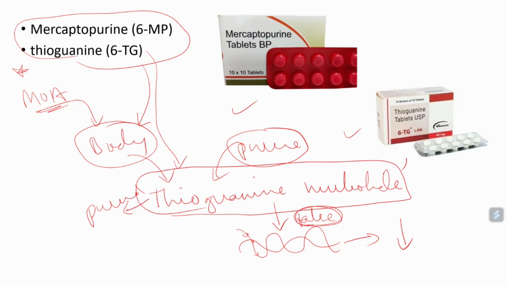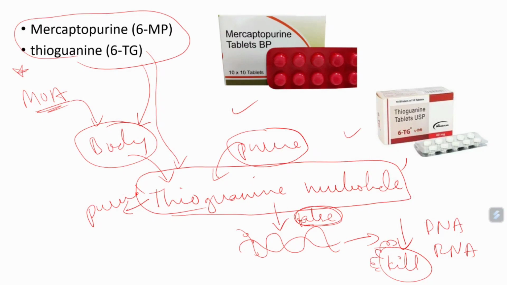That's why mercaptopurine and thioguanine decrease the DNA and RNA replication or their development. With that, it will stop replication and kill the neoplastic cells, or stop their proliferation.